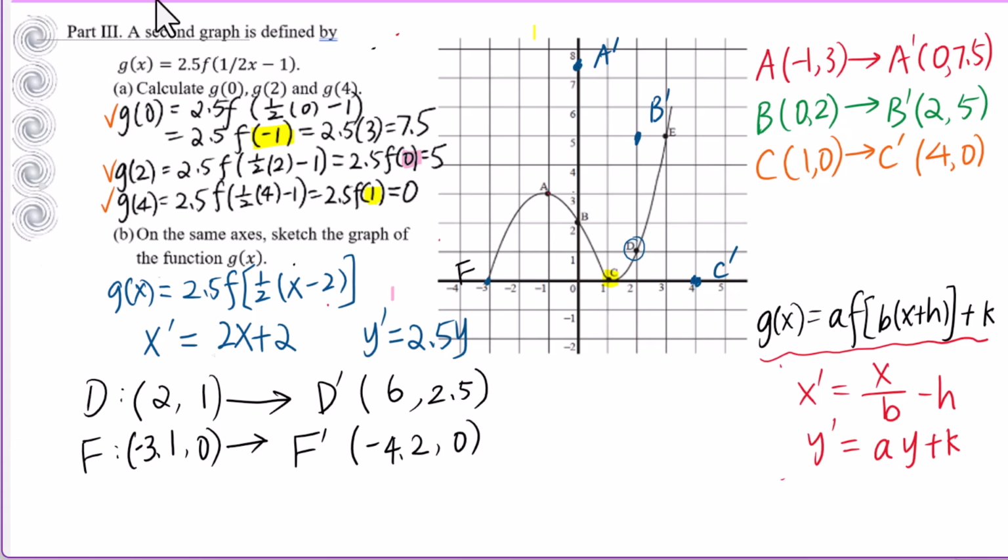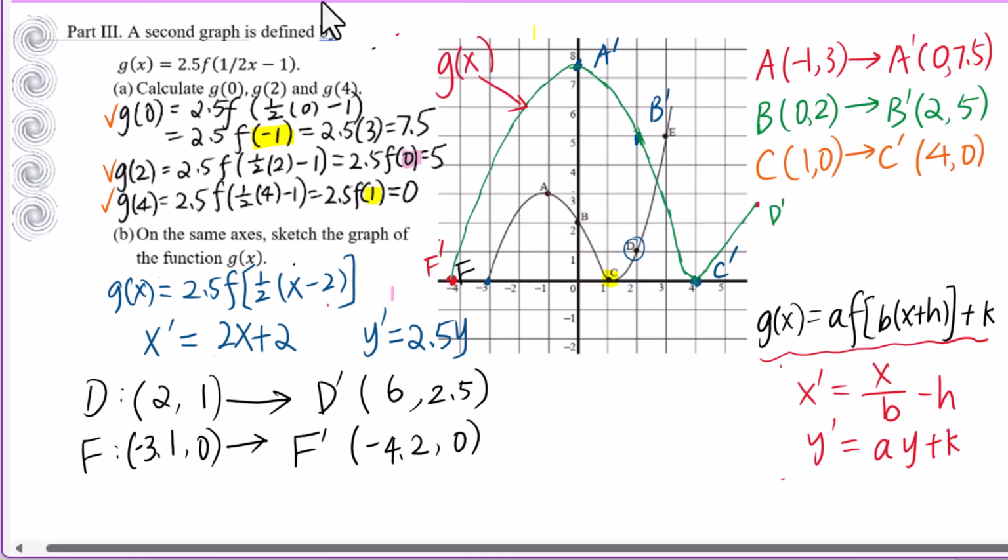So F prime is negative 4.2, 0. Let's estimate this D prime. Here's 6, 2.5. Yeah, estimate here. Connect these 5 points, g of x.